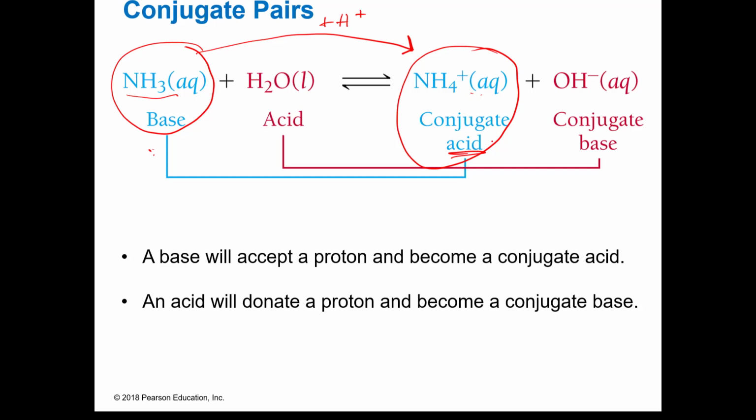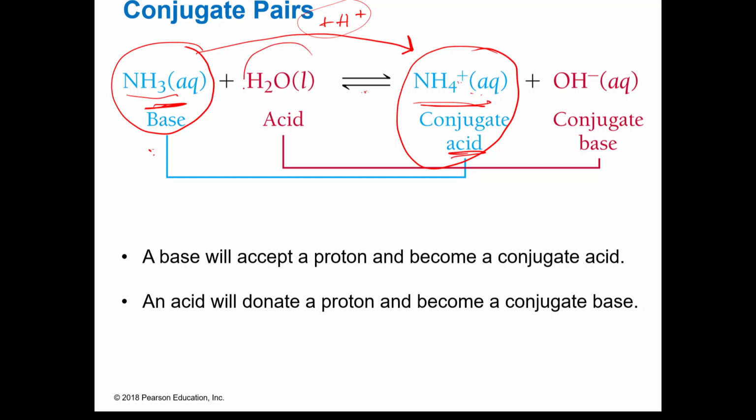Now, why is it a conjugate acid? Because if this is reversible, then it could lose this H plus again and reform the NH3. So it could give up its extra hydrogen, which would then make it a proton donor. So a base will accept a proton and become a conjugate acid, and an acid will donate a proton and become a conjugate base.